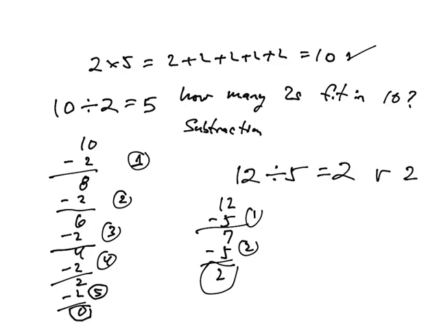There's 12 cookies, trying to give 5 cookies to each person. I can give to 2 kids, but there'd be 2 cookies left over. But this idea of division being related to subtraction will help us understand the dreaded long division, which again I'm working towards.